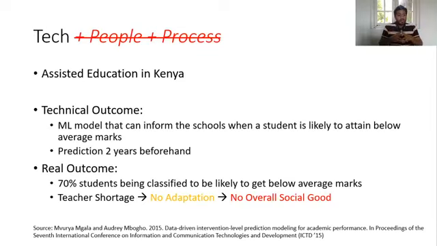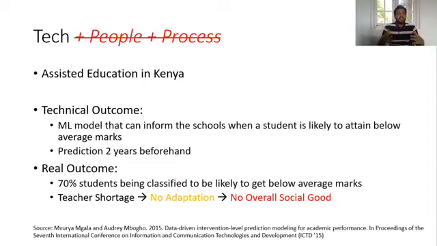But the real outcome was that when the researchers deployed this system, 70% of the students were being classified as likely to get below average marks, which demanded the school system to proactively intervene with these students and try to help them additionally. But one of the fundamental problems that they had when they started the whole solution building was that we don't have enough teachers.